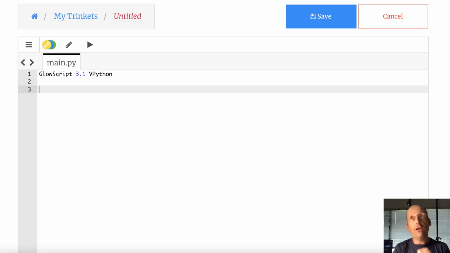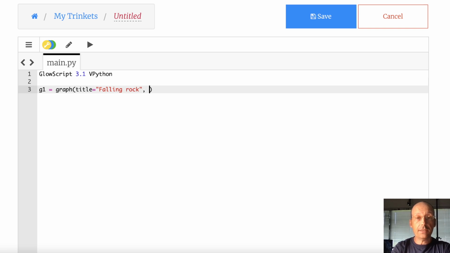I want to make a graph of the velocity as a function of time. So I'm going to plot, no, velocity as a function of position. Let's just go ahead and start off with that graph, and then we can do our calculation. So I'm going to say G1 equals graph. Graph is an object in Web VPython. I can give it a title, call it falling rock.